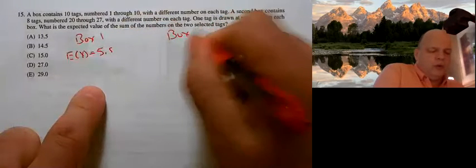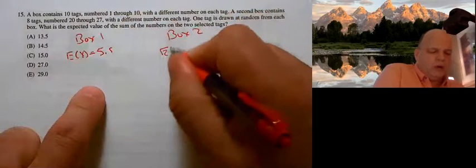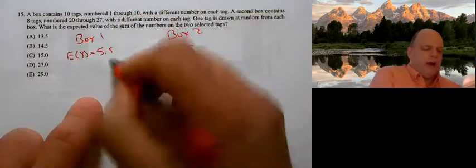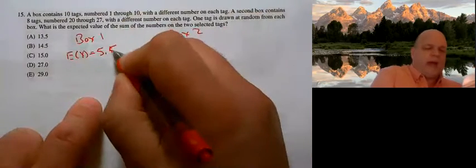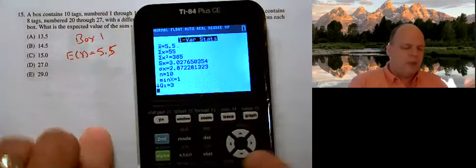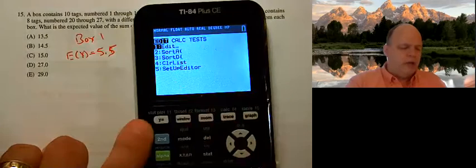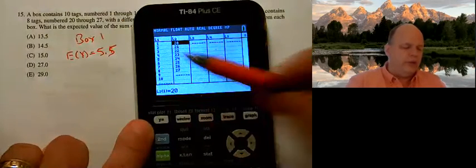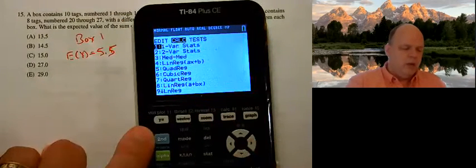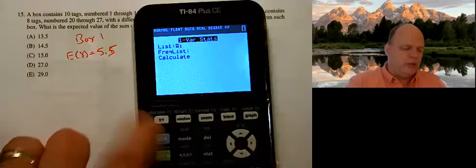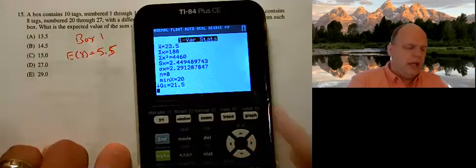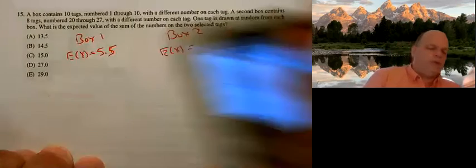Box 2, my expected value is also going to be the average of that box. And I've already entered those in the stat edit right here in L2. So I'm going to go stat calc, one variable statistics, and I'm going to go second 2. And I end up getting an average of 23.5.